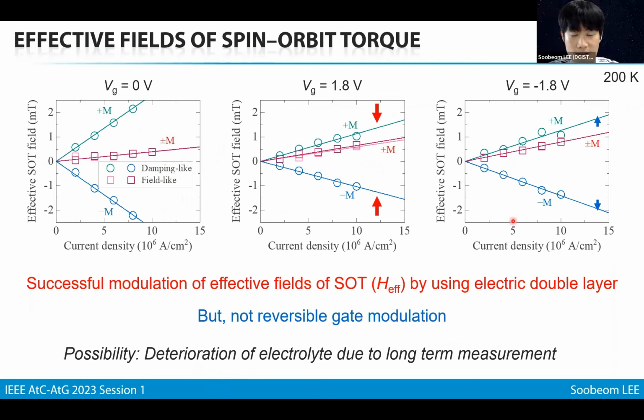So you are using the ionic gate film, right? Ionic gate light, yeah, right. So after removing the ionic gate, did you measure the same measurement, and was the result the same with the gate voltage?